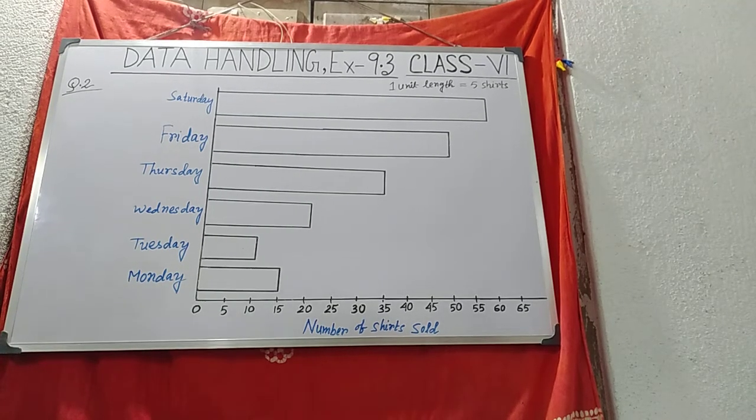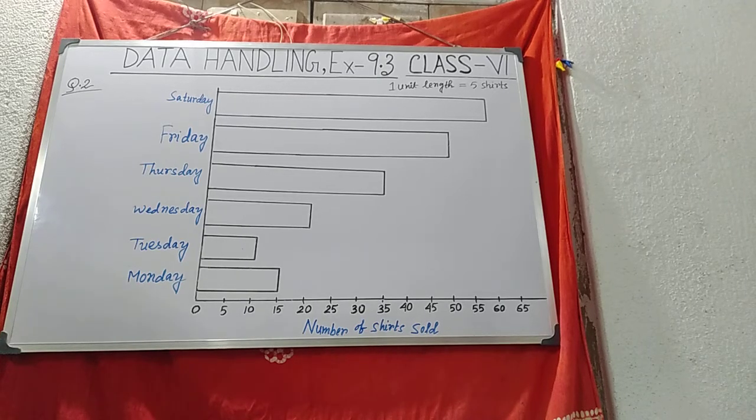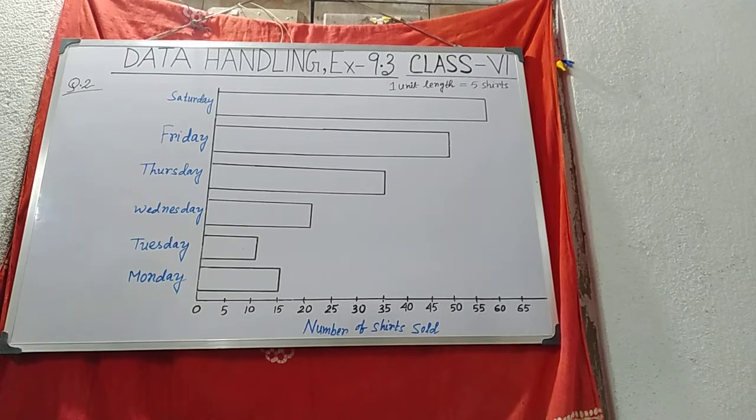Our third question is, on which day were the maximum number of shirts sold? From the bars we can easily say on which day the maximum number of shirts were sold. The bar having the highest height will be the particular bar where the maximum number of shirts were sold.